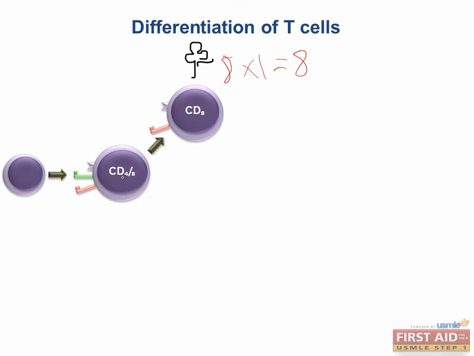And we're going to see that CD4 are going to complex with MHC2 receptors, and 4 times 2 is 8. So the way you remember what cells bind to what is that the product is always 8, okay? It's going to help you. So like I said, they bind to virally infected and tumor cells and cause those infected cells to apoptose. Very similar to what we saw with the natural killer cells.